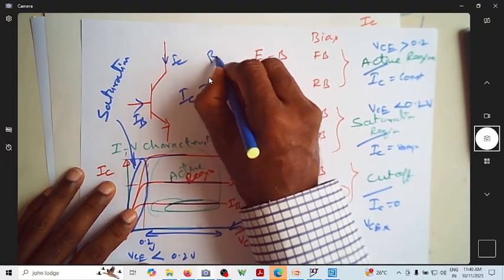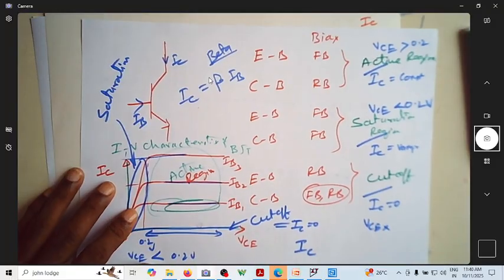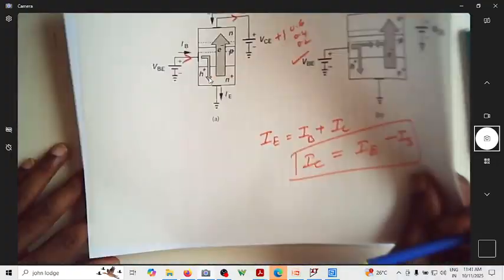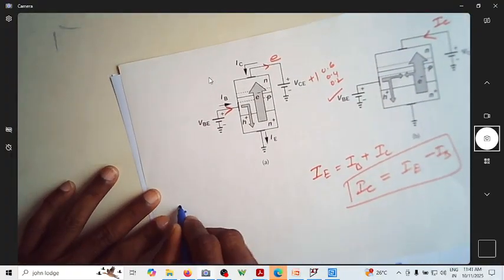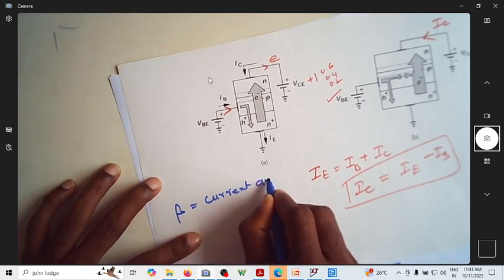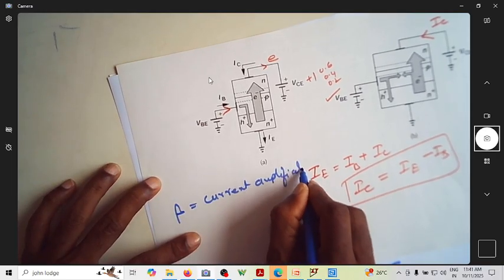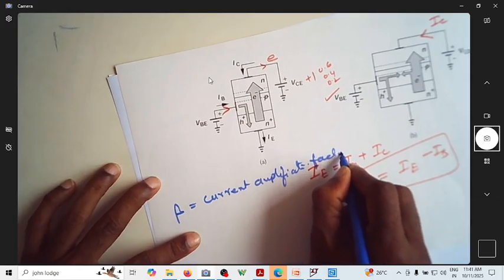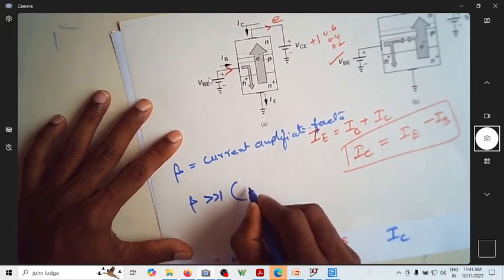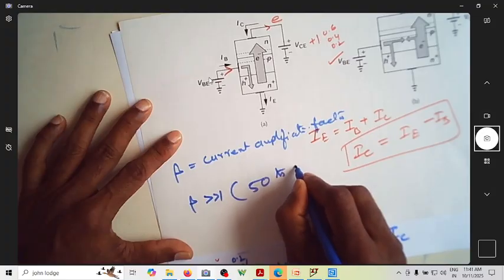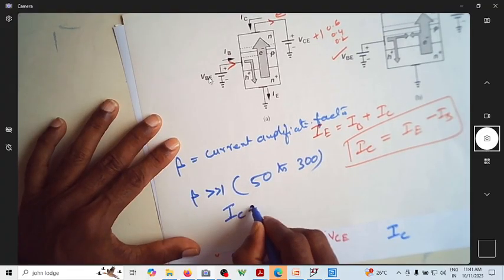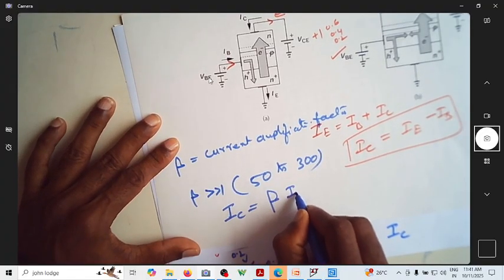This beta is called the current amplification factor. This beta is always far greater than 1. Its value ranges from 50 to maybe 300. So IC is equal to beta times IB.